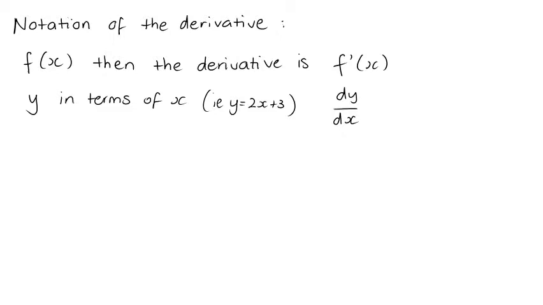Similarly, if you've got a function like z equals 2s plus 8, how would you denote the derivative? Do you think if this one is y in terms of x it's dy dx? Oh, dz dx. Yeah, you would say dz ds.